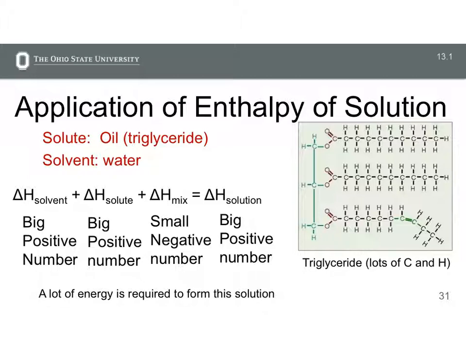Our delta H of mixing is going to be a small negative number. And we know it's small simply because we know that the solution isn't formed. We know that oil and water do not mix, so we're making an educated guess on the size of this delta H of mixing.